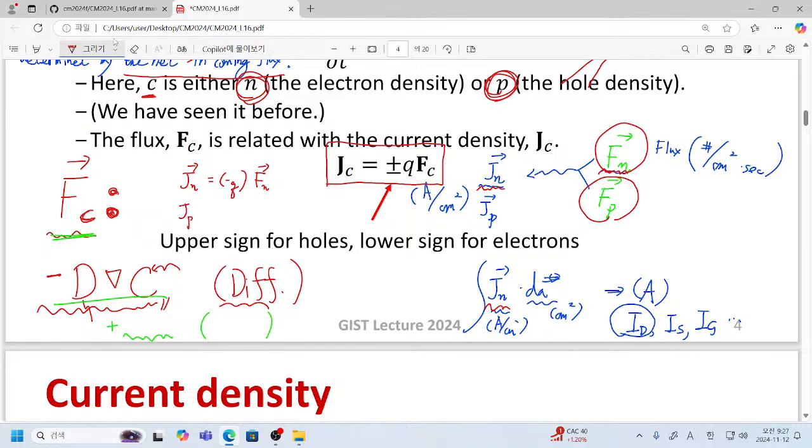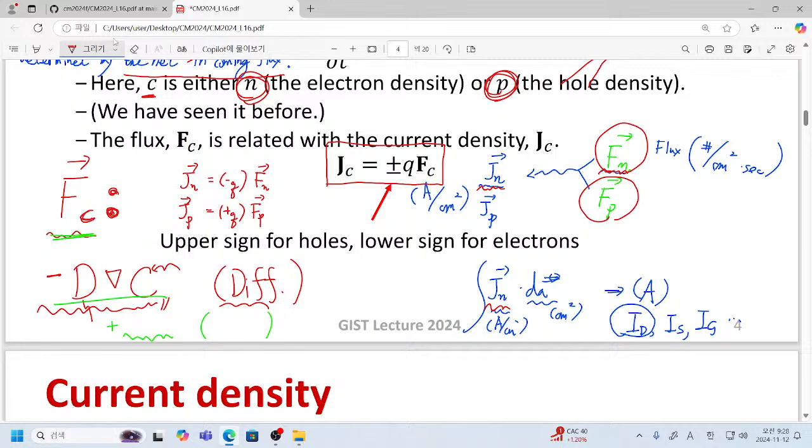Quite similarly, if we consider Jp and Fp, in this case a hole carries just a positive Q when it moves, so we must have positive Q.